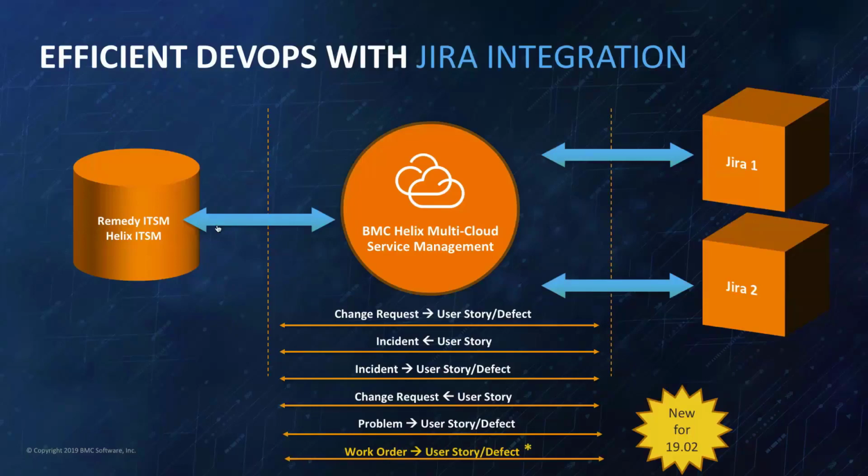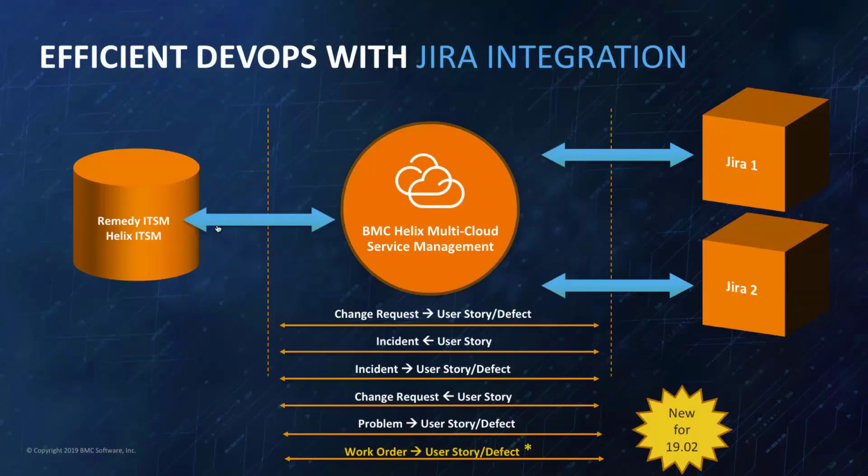Specifically around Jira, we have a rich set of interactions to exchange tickets on the Remedy side, change requests, incidents, problems, and now in this 19.02 release, also work orders with corresponding user stories or issues, as the generic term is used on the Jira side.